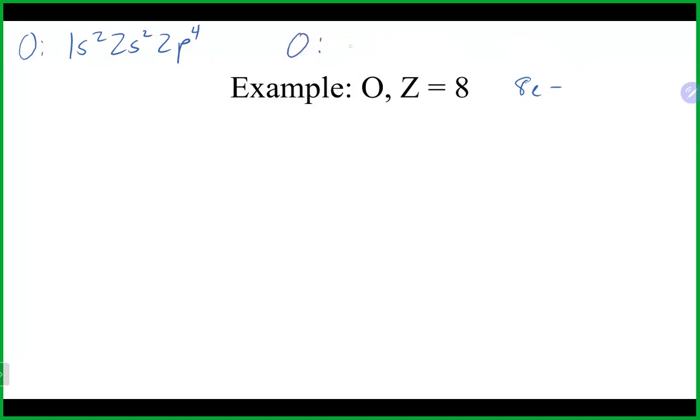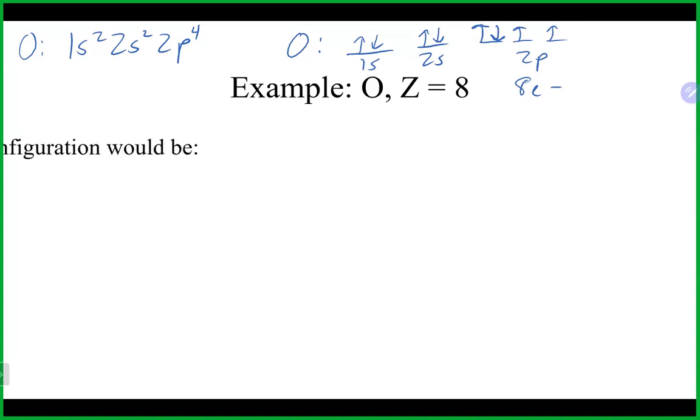Our oxygen here, our 1s going up and down, our 2s going up and down, and then our 1, 2, 3, 2p. So again, up, up, up, and now we come back to the left, and now we're going to start pairing it up there on the far left-hand side. Any questions on that one there?